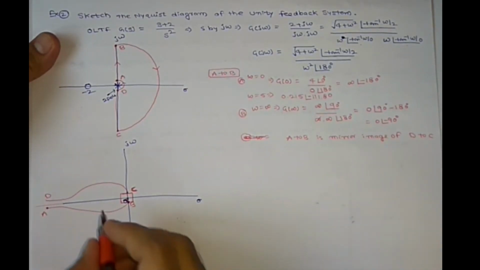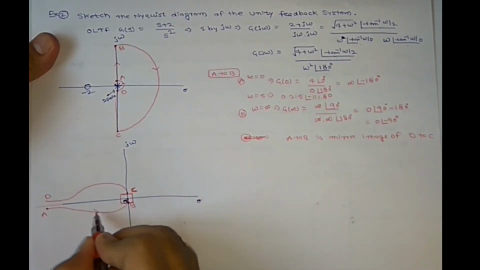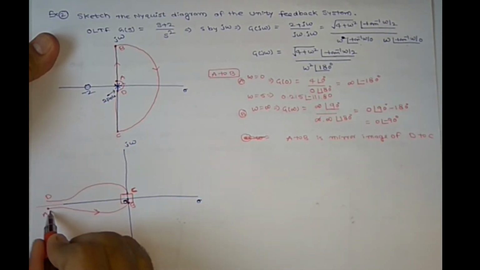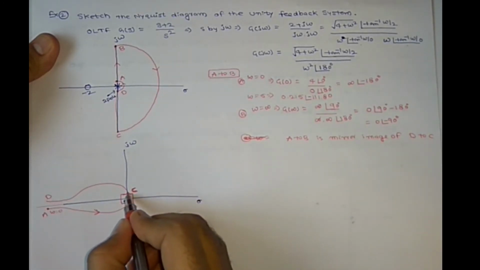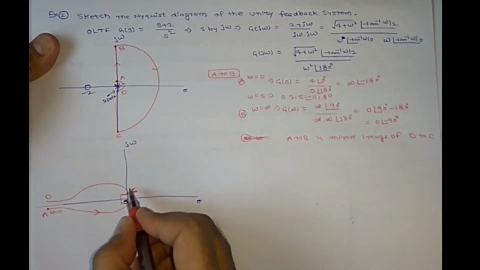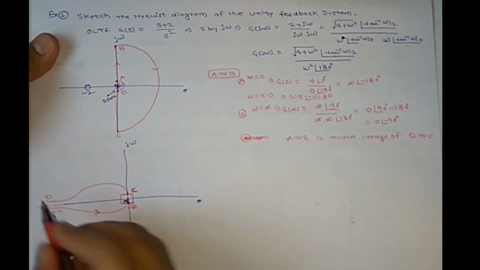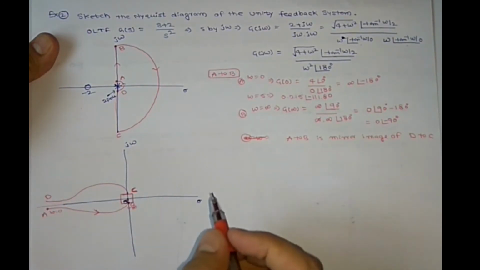This 2 is over. Now this is going from omega equal to 0 to omega equal to infinity, and here we are reaching from omega equal to minus infinity to omega equal to 0. Okay.